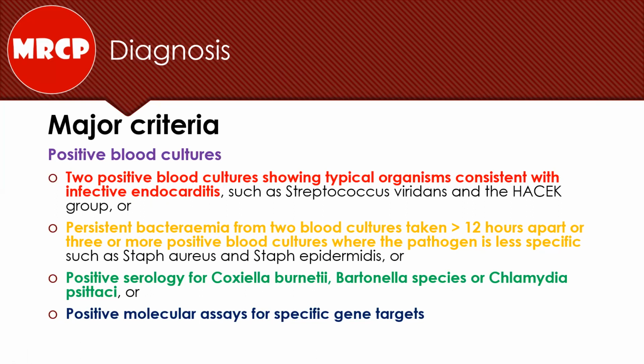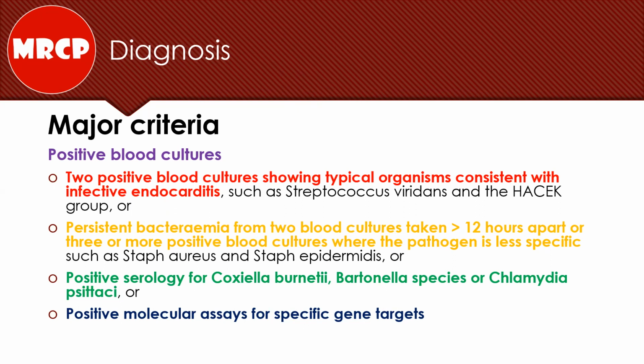So we have two positive cultures out of three showing the typical organisms, or a resistant bacteria from two cultures taken 12 hours apart, or three or more positive blood cultures where the pathogen is less specific.